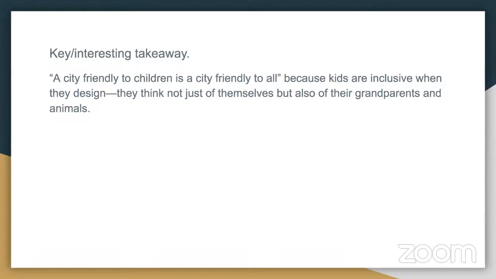The key interesting takeaway from this story, she said, is that a city friendly to children is a city friendly to all, because kids are inclusive. When they design, they think not just of themselves, but also of their grandparents and animals. It means once it is proved that the city is safe for kids, it is safe for everybody: for the kids, grandparents, animals, everybody.